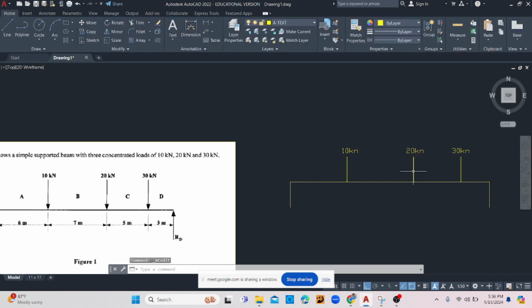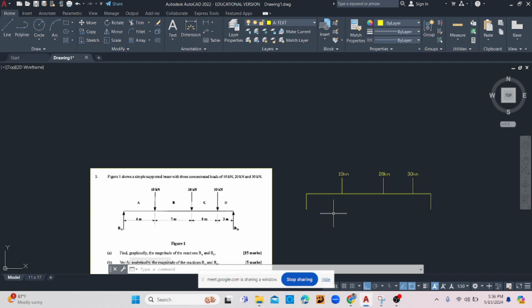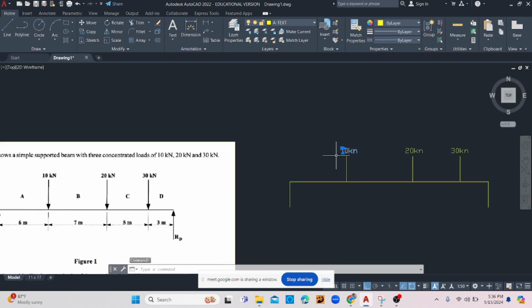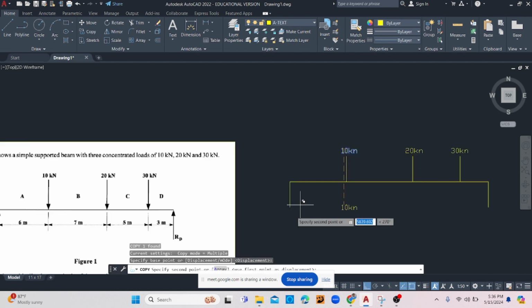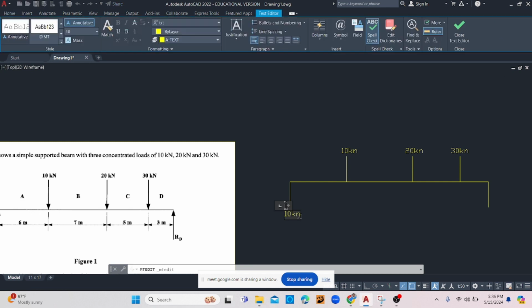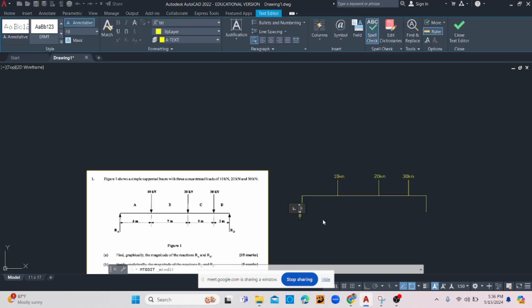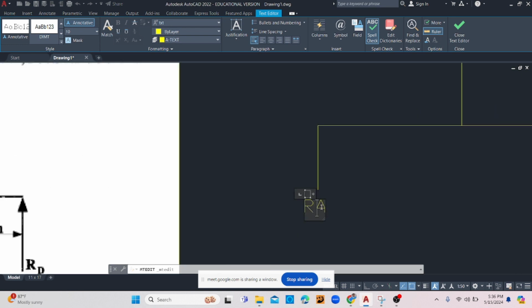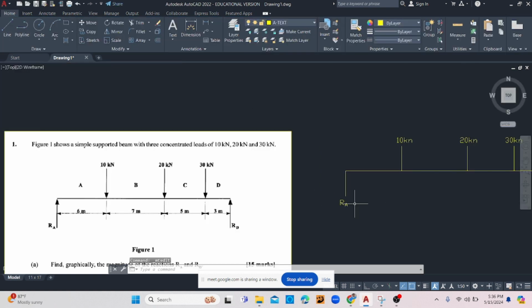Alright, and then let me just add the annotation down here, which is RA and RD. This A here is a lower, is a that thing there, whatever that is.